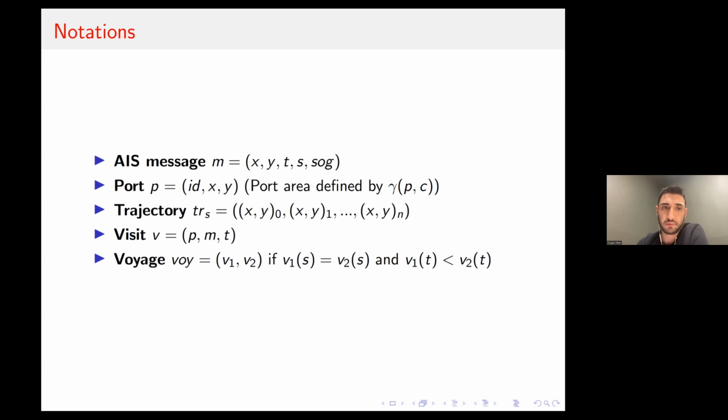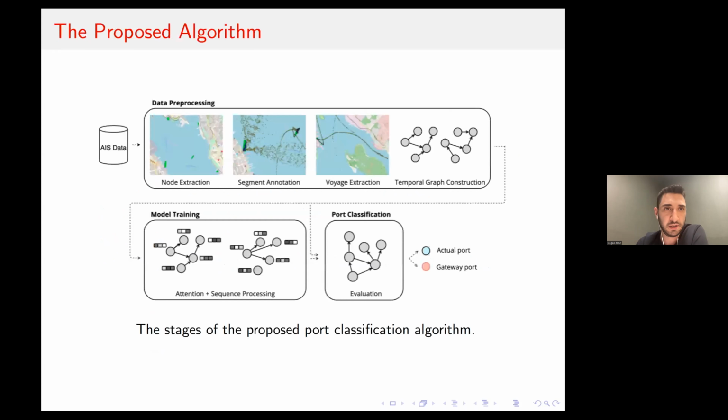And we have some voyages that represent the endpoints of these discrete trajectories. So they correspond to two visits. There are some conditions for defining this voyage. The first one, the same vessel should do these visits. And then the timestamp of the first visit should be less than the other one. So this should be earlier.